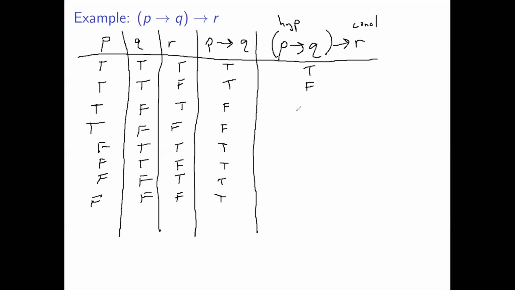Third row, P implies Q. That's our hypothesis. That's false. The conclusion, R, is true. And when we have the hypothesis false, the conclusion can have any truth value and the implication will be true. So in this case, the implication, P implies Q implies R, that's going to be true.